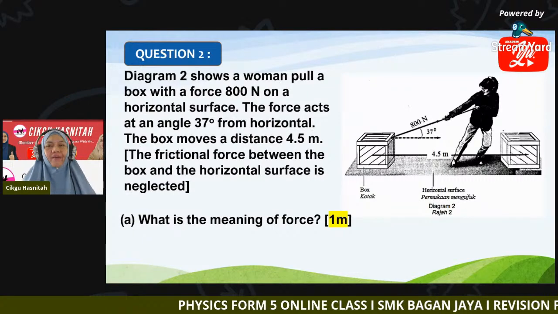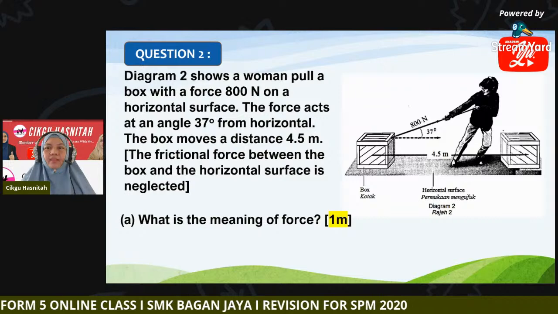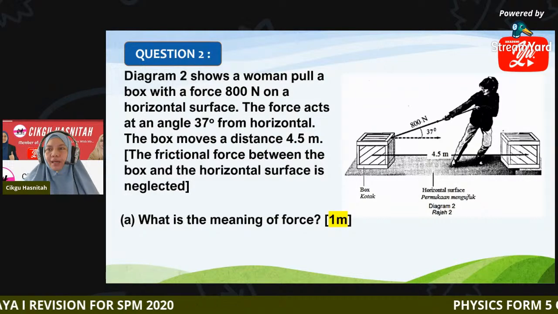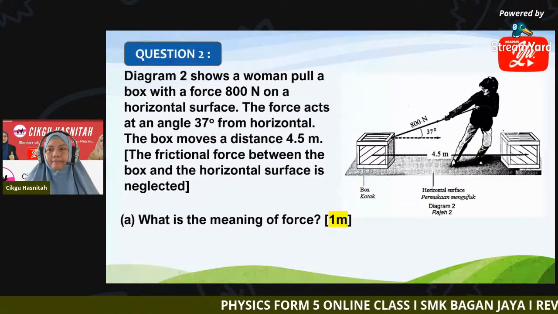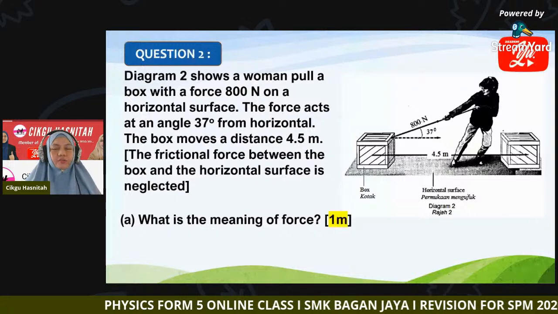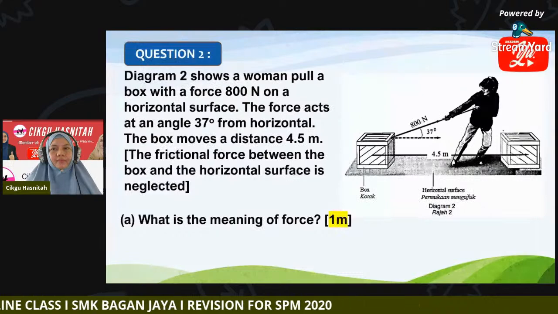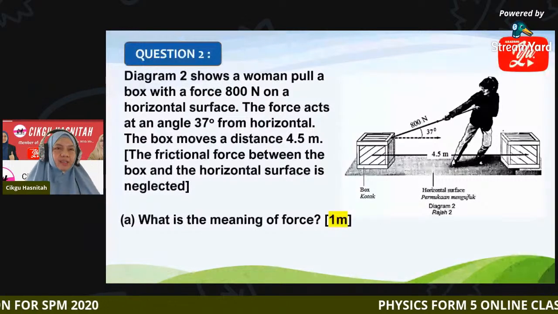Everyone, what is force? Can you type or share your answer? What is the meaning of force? We have answered this question so many times in class before.